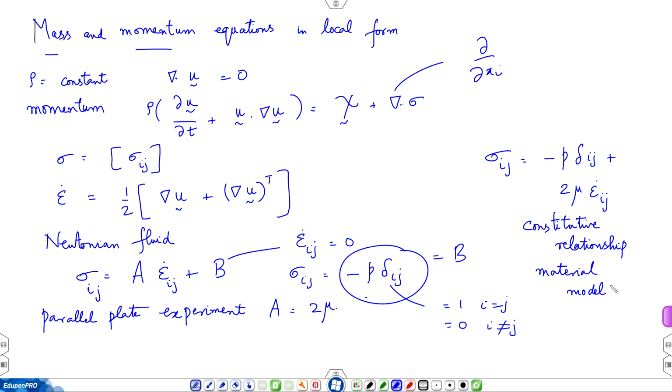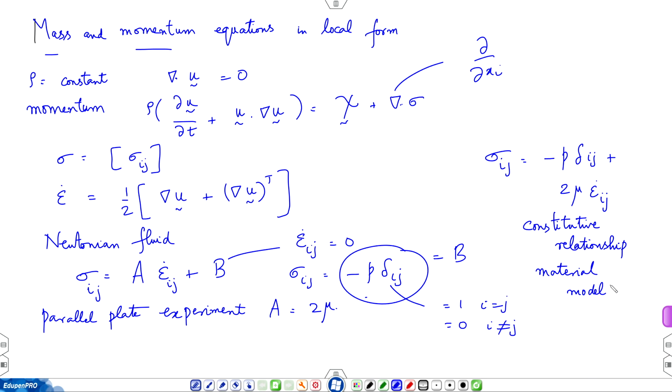So, you will clearly see the distinction between a natural law such as mass balance, momentum. These have enormous applicability, but the material model is for a class of materials like air, water, oil, where you have a linear relationship between stress and strain.